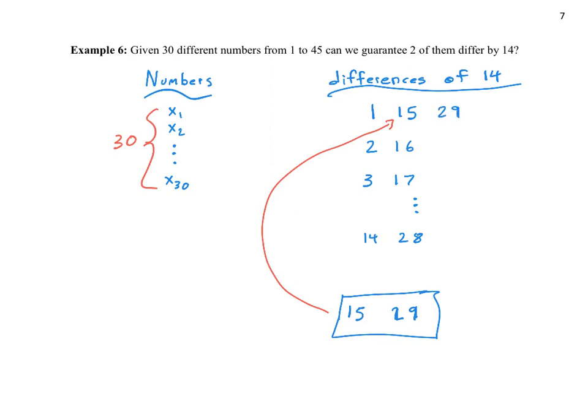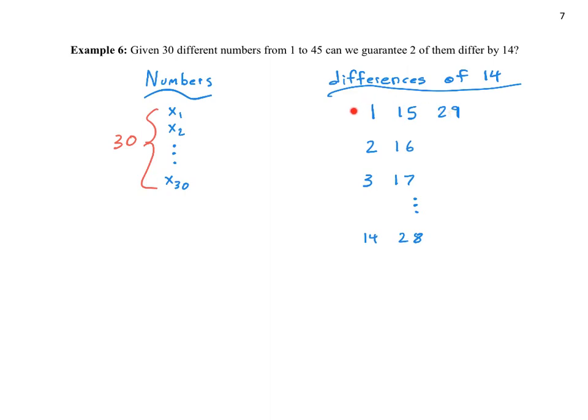Okay, now this would create a little bit of an issue if 1 and 29 are both numbers in our list. Like if 1 is over here, 29 is over here, and we stick all of these in the same pigeonhole, then 1 and 29 certainly don't make a difference of 14.